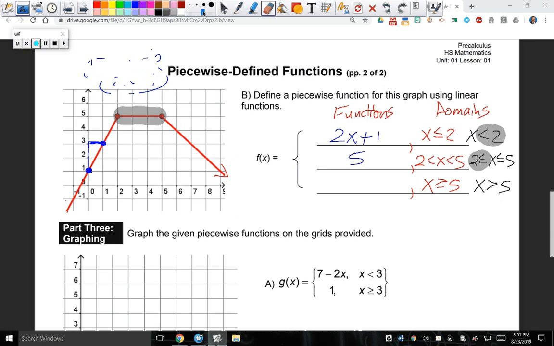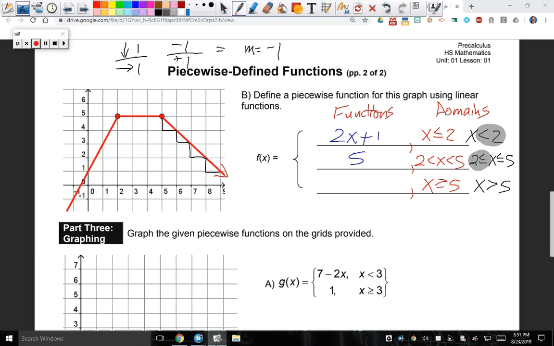So we learned it back in Algebra 1. Let me quickly review on how to get it. I see a rise over run, down 1 over 1. Down 1 over 1 to the right. So slope is negative 1. You with me? Now, this will go all the way to 10.